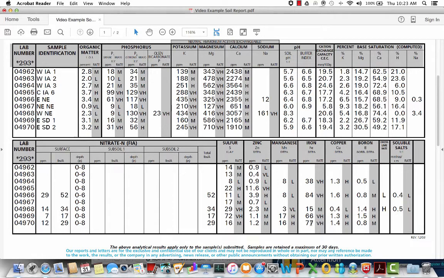You don't necessarily need to take them with the same intensity that you would on, say, a phosphorus or a potassium or pH or sulfur or zinc that you're planning on doing variable rate application on. If you're planning on just a blanket application for those other nutrients, you might look at just taking a few of them across a field or on a zone basis.